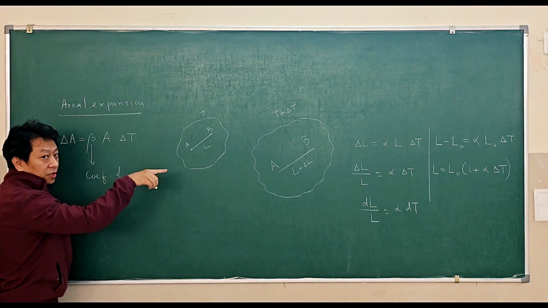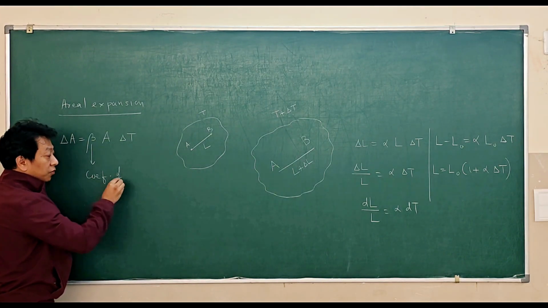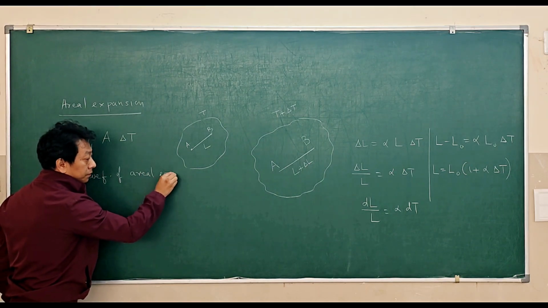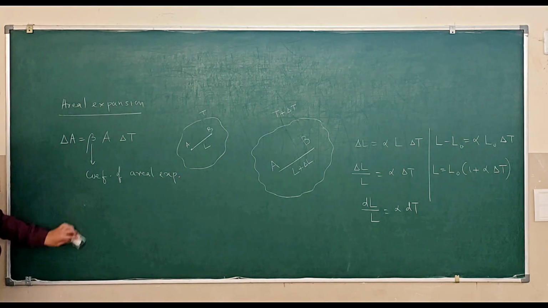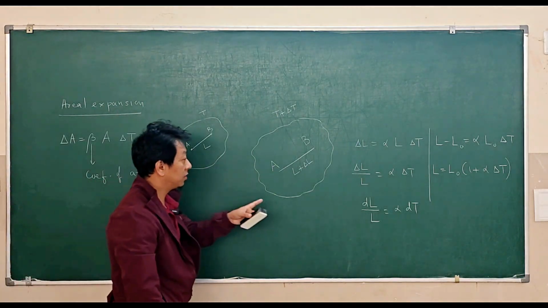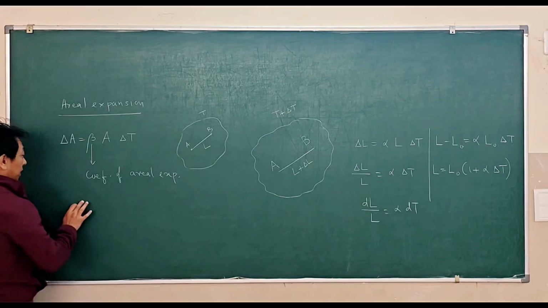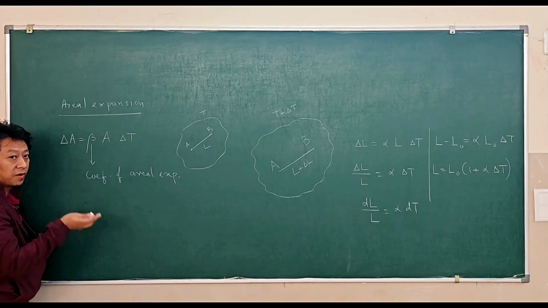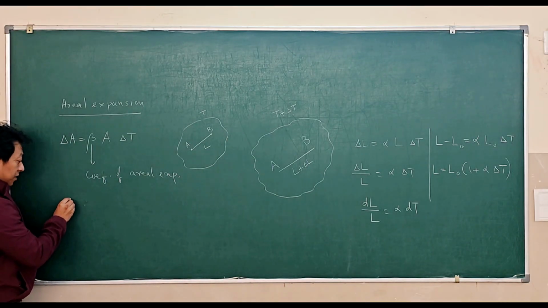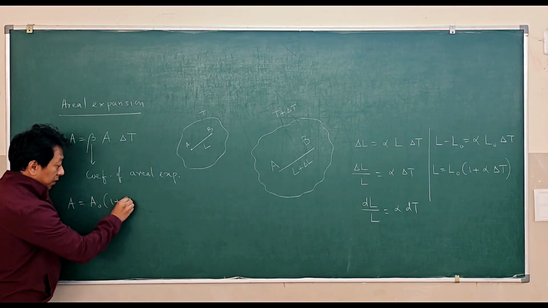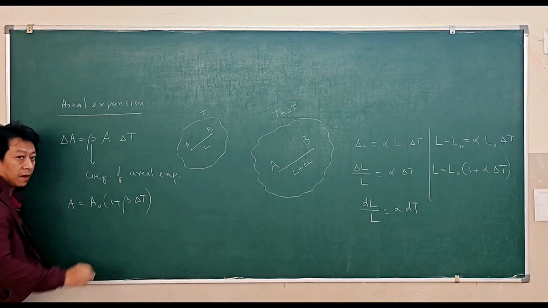That was the coefficient of linear expansion. This is the coefficient of areal expansion. Similar to this formula, how will I write here? If I write initial area A naught, final area A, how will I write? A equals A naught into 1 plus beta delta T.